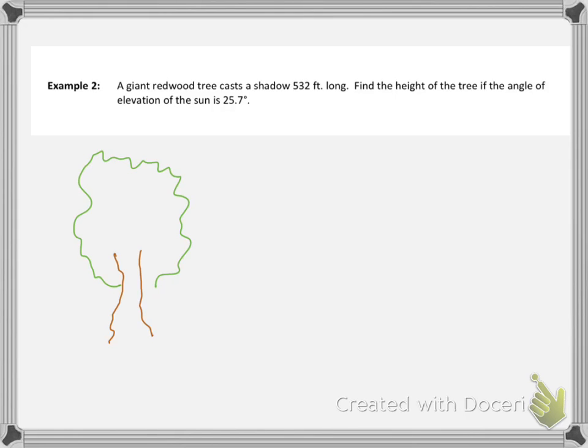On the ground somewhere, so here's this ground, this shadow is being created. So let's create a shadow here. Let's say that's the shadow that's being created by this tree. Now, what else did they give us? They told us that this shadow was 532 feet long, so we need to label that: 532 feet long.